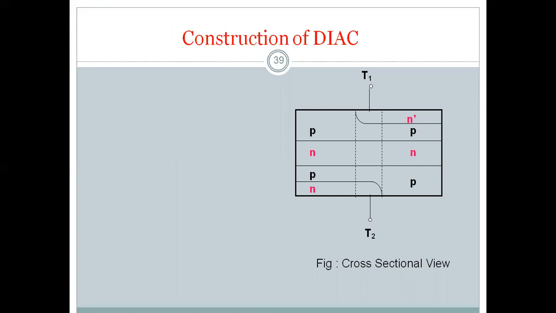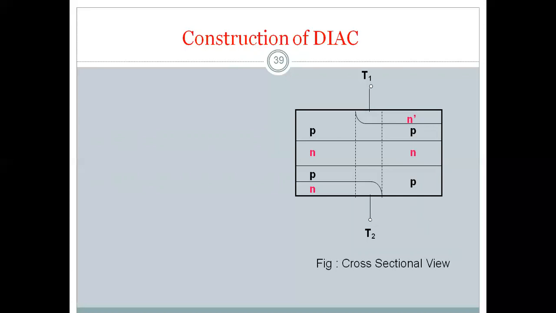Once the conduction starts, the current through the DIAC becomes very large and is limited by external resistance in the circuit. When the terminal T2 is positive with respect to terminal T1, the layers PN dash start conducting when the voltage of T2 is more than breakover voltage VBO2.